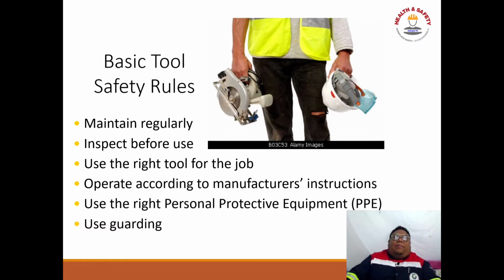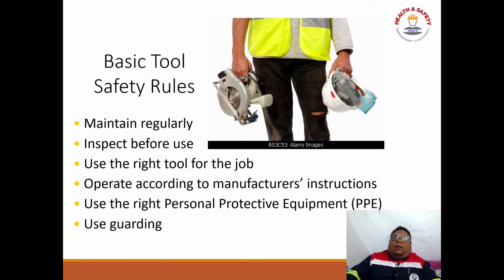Number one, maintain regularly. As I told you, all the equipment withdrawn from the warehouse must be properly checked, assessed, color coded, and repaired or maintained regularly. And number two, inspect before use.